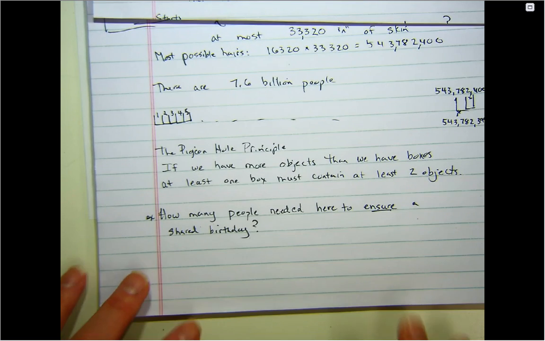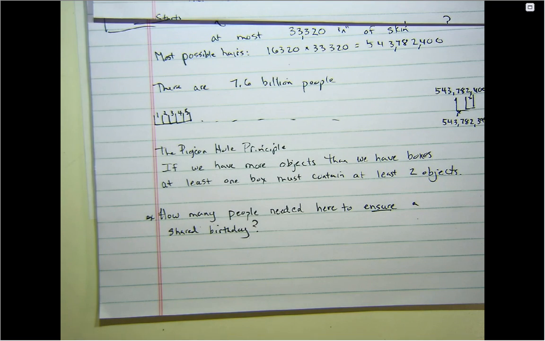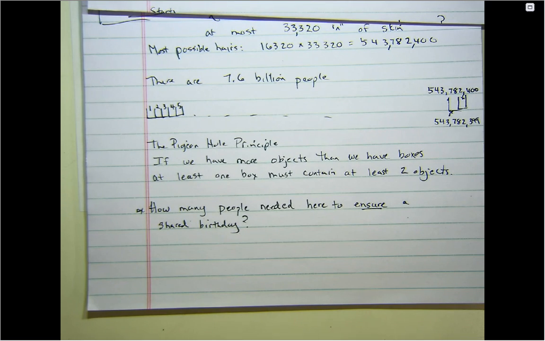How many people do we need to have in this room to ensure a shared birthday? And I don't mean the year, I mean the day and the month. 366, or if we count leap year 2, then it'd be 367, right?